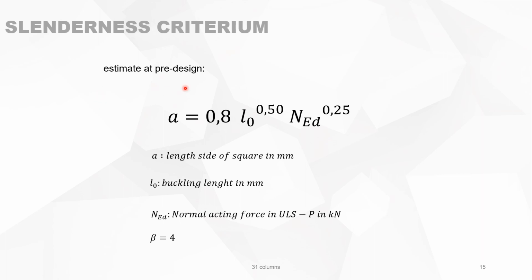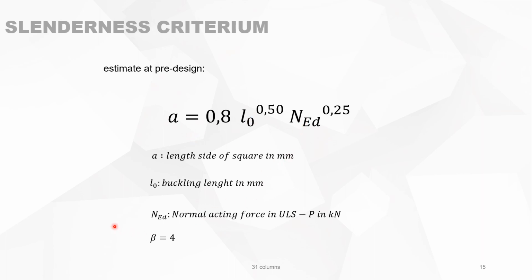And this is a formula that you can use for an estimate for a pre-design: the side of the cross section of a square column is equal to 0.8 times the square root of the buckling length in millimeters. Sorry, I forgot to tell that. The dimensions are millimeter, millimeter, and kilonewton.